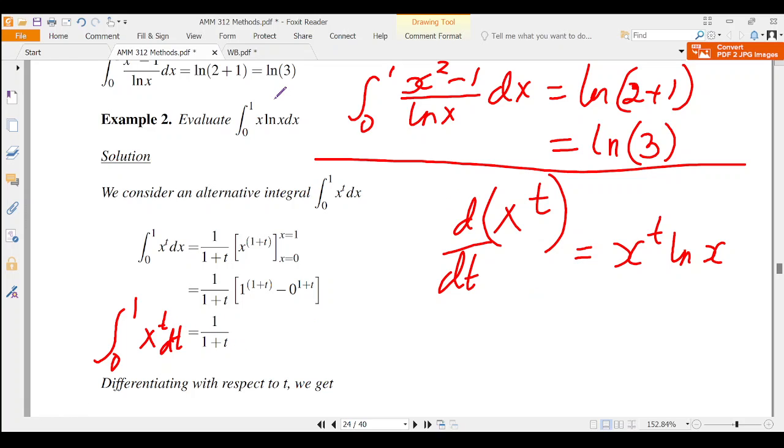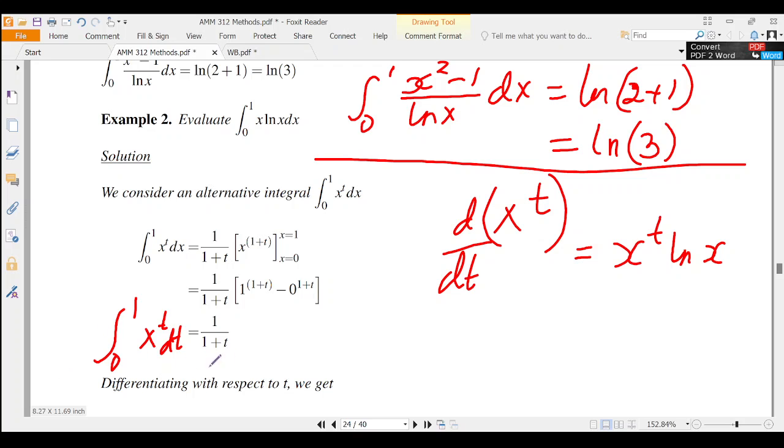So if we want to get the expression we have here, x raised to power t times logarithm of x, then we are simply going to differentiate so that we can get something like this.